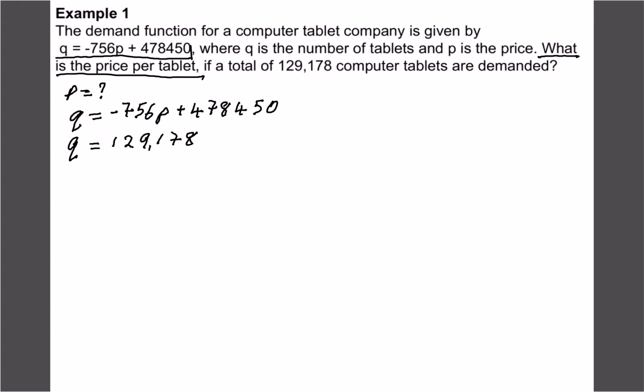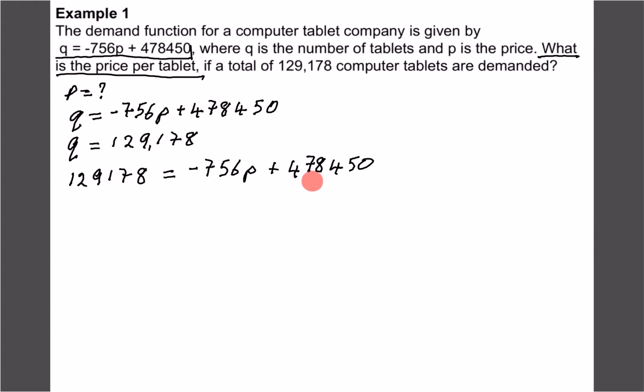So we'll have 129,178 equals negative 756p plus 478,450. So we've just replaced Q with the value for Q.